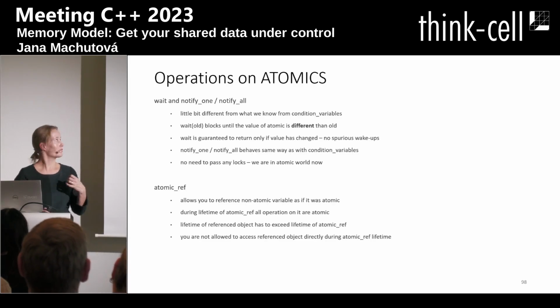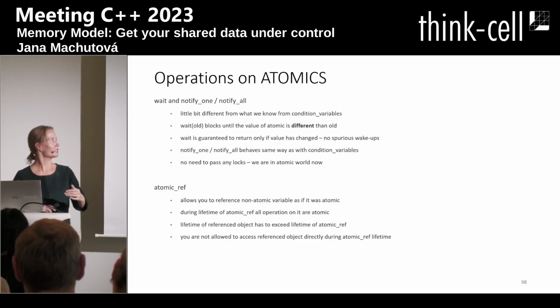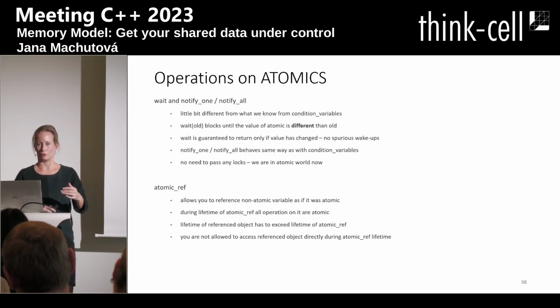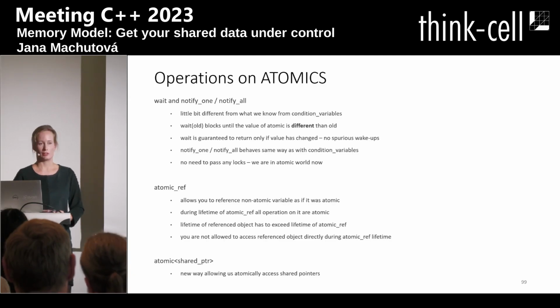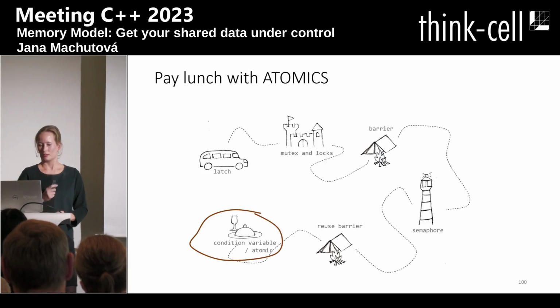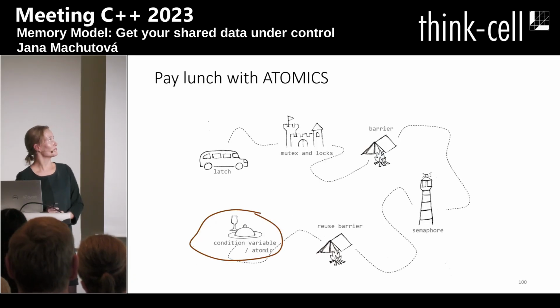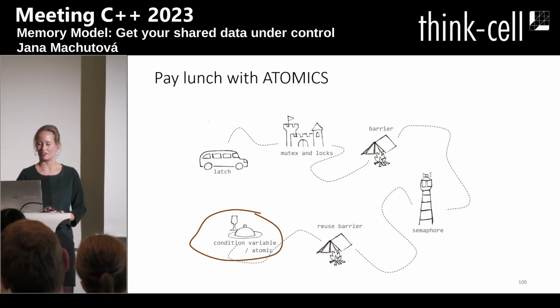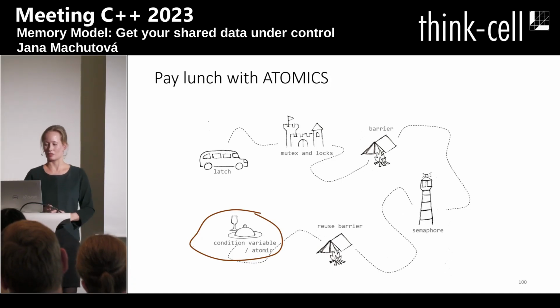You are not allowed to work directly with the value you are referencing with atomic ref during the lifetime of atomic ref, but you can make atomic from every variable you will meet. And important, you can have shared pointer atomics, which allows a lot of operations. So let's jump into one small example on atomics to see it in context.